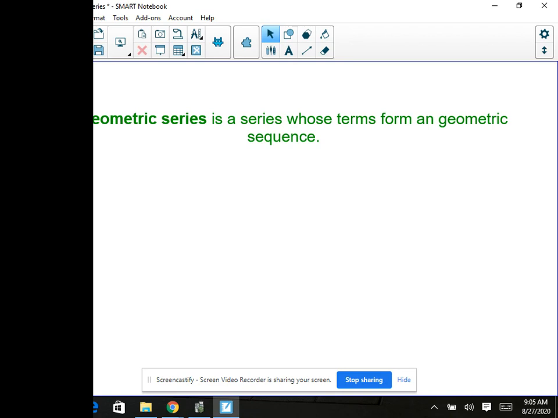The formula we were using the other day was a sub n equals a sub 1 times r raised to the n minus 1. And today we're only going to talk about the finite series of a geometric sequence. And tomorrow we'll talk about the infinite, okay? Remember the difference between the two, finite meaning it ends and infinite meaning it goes on forever.